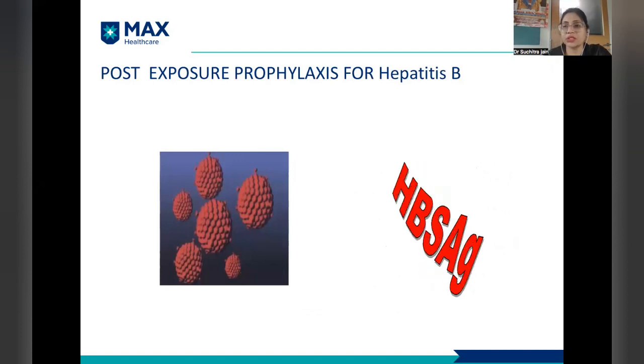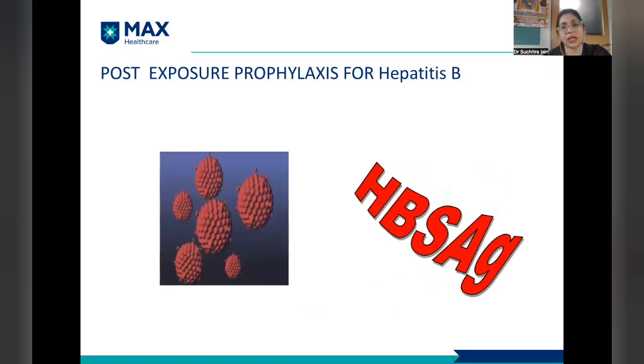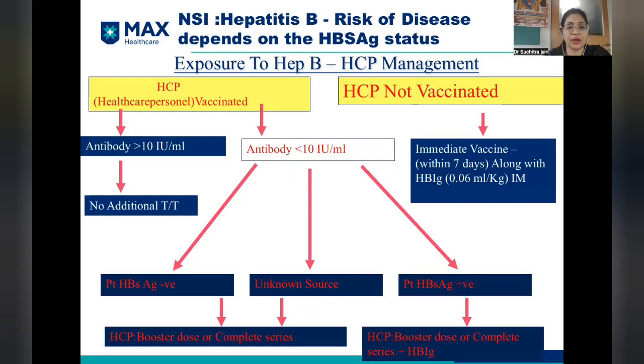Now, what should be the post-exposure prophylaxis for hepatitis B? So the post-exposure prophylaxis, next, please. The post-exposure prophylaxis in needle stick injury, that is why I was saying the hepatitis vaccination status is important.